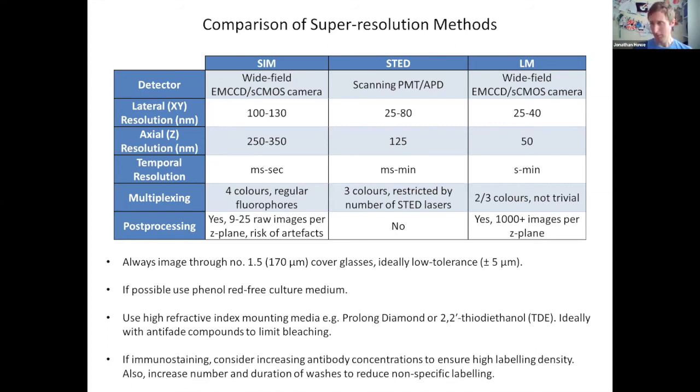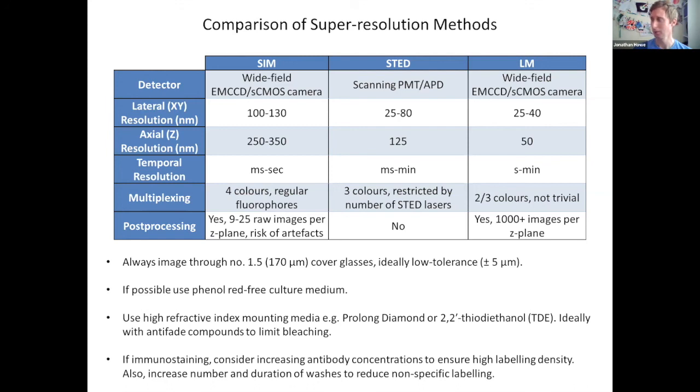So if we think about multiplexing, so this is how many colors you can do. SIM, again, is the most flexible. STED, you're limited by the number of STED laser lines you have. Essentially, you have one STED laser line per emission color. There are tricks you can do to expand that, but generally speaking, people don't make use of those tricks.